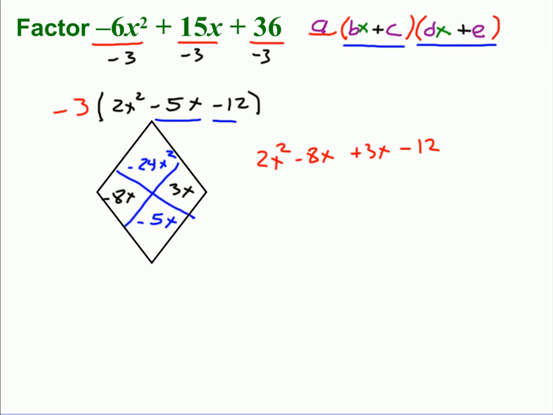If I group these together, which is really what I was doing in my box anyway, I can see that here I can factor out a 2x, and here I can factor out a positive 3.